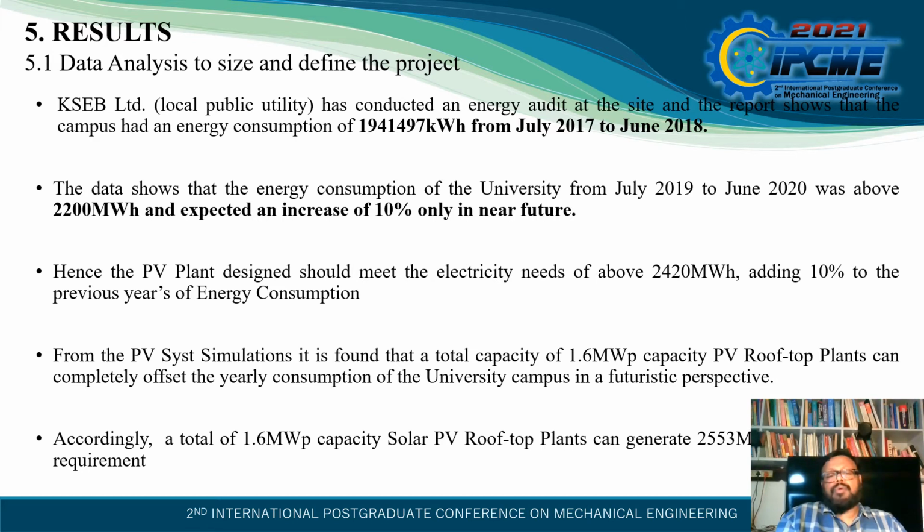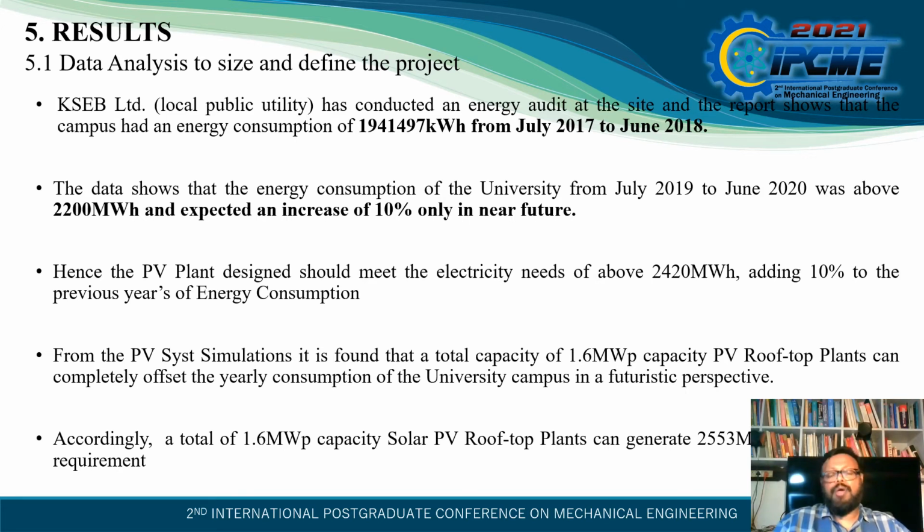So utilizing PVsyst software, it is found that a 1.6 megawatt capacity solar power plant, with rooftop projects in different buildings, can offset the university campus in a futuristic perspective.